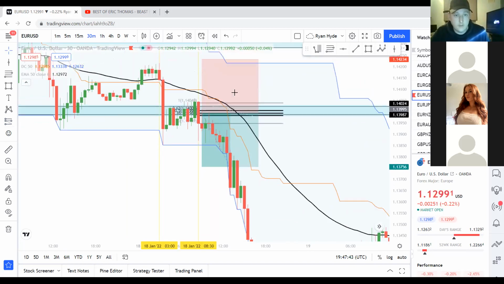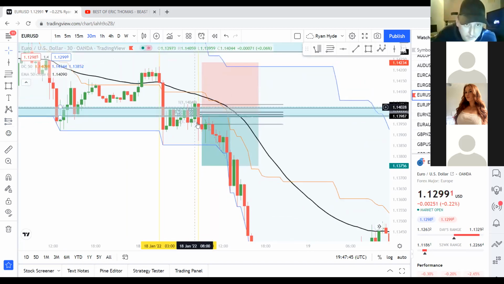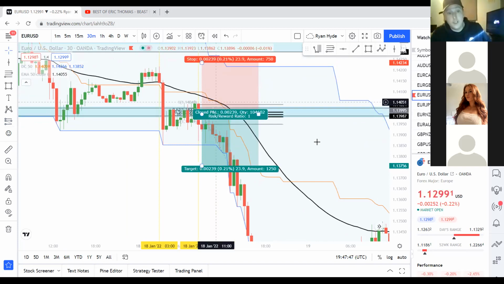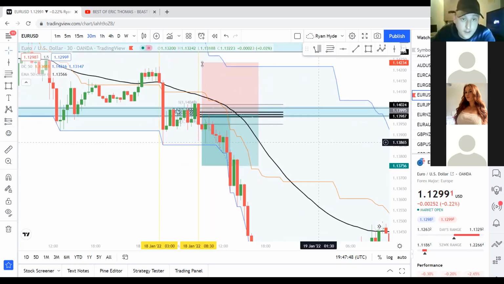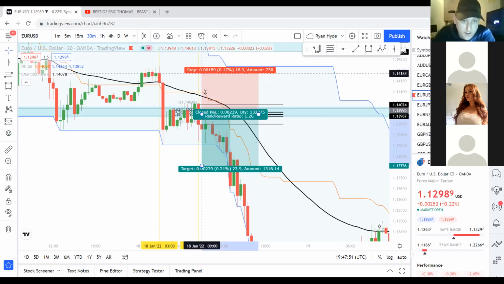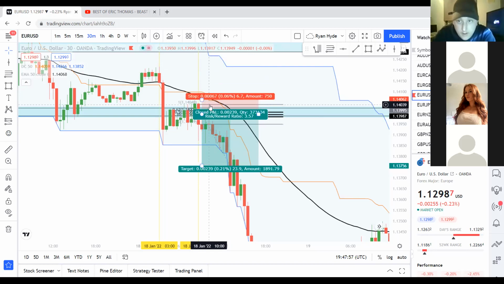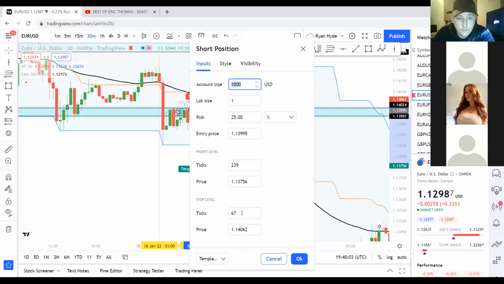Now our stop loss would be just above our engulfing candle. So we would bring that down. So you're probably looking at an 8 pip stop loss, 24 take profit.